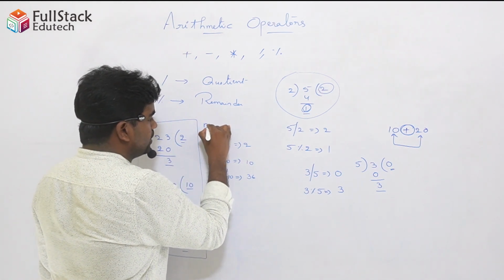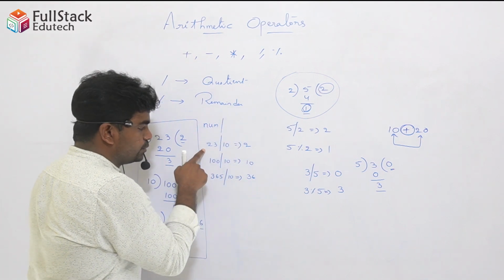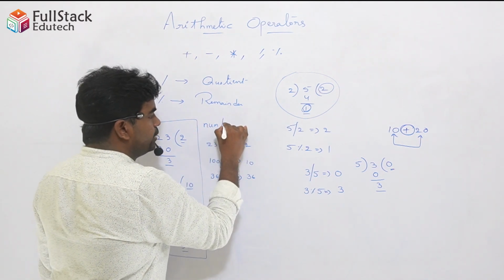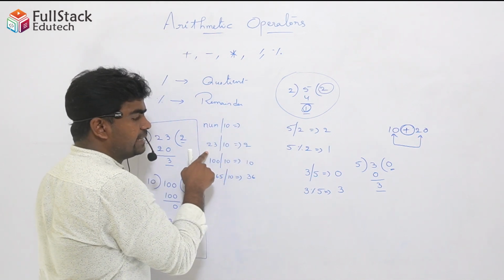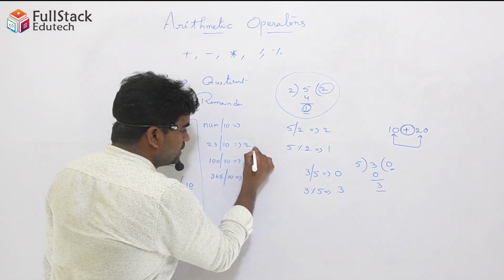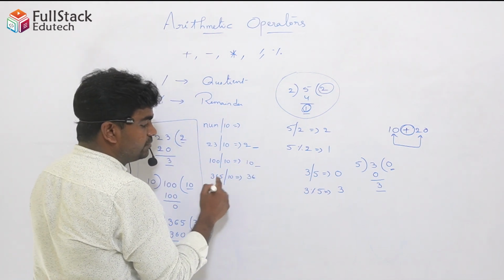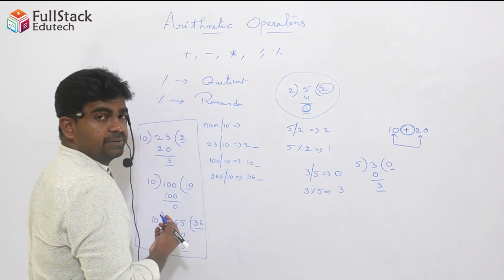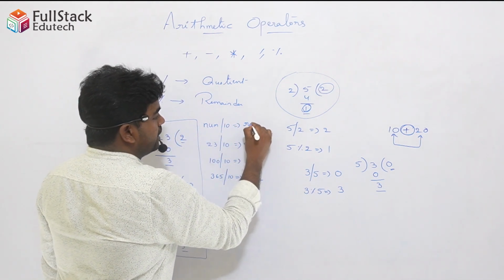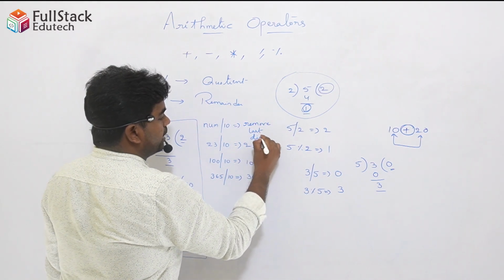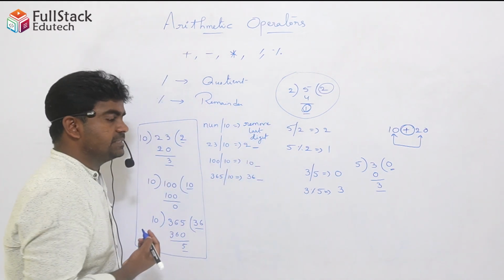Whatever the number is, either 23 or 100 or 365, when you perform the division operation with 10, in 23, the 3 is missing. In 100, the 0 is missing. In 365, the 5 is missing. It's nothing but it will remove the last digit.